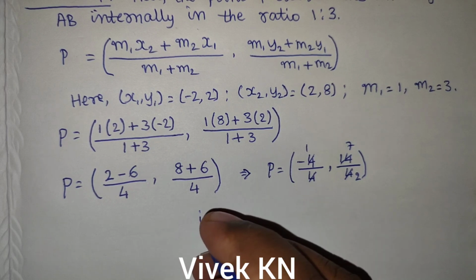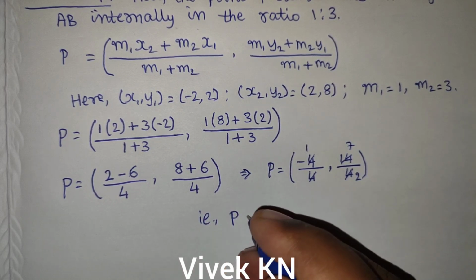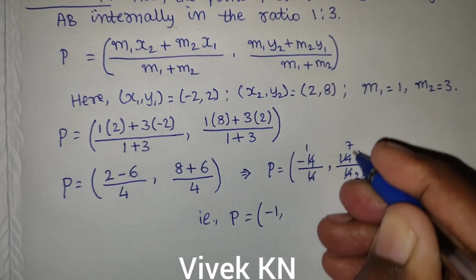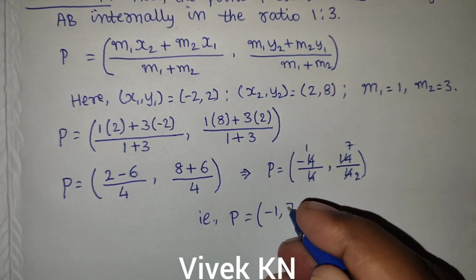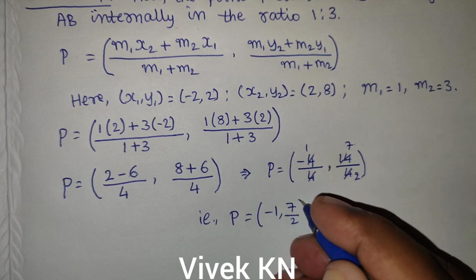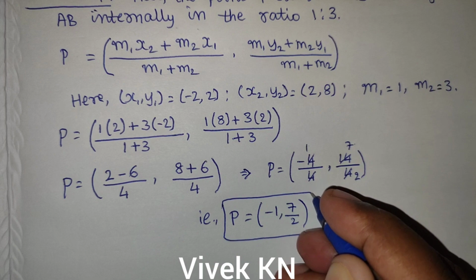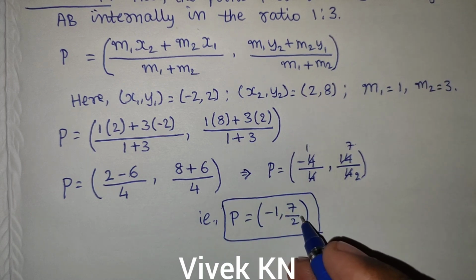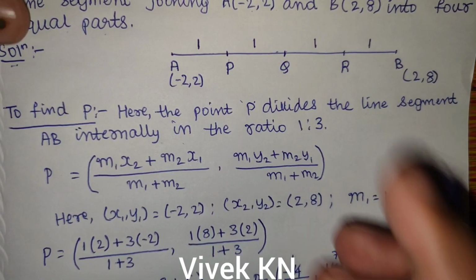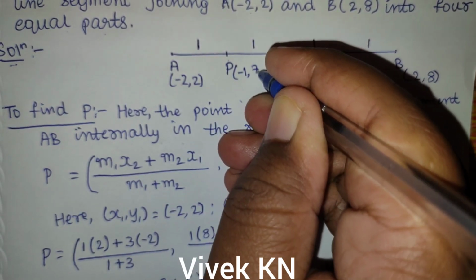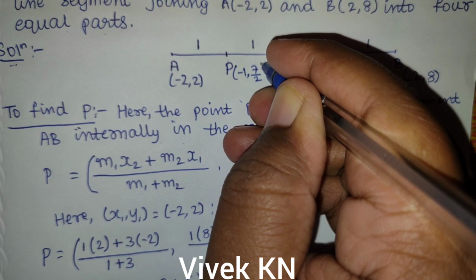That is, the coordinate of point P is minus 1 comma 7 by 2. This is the coordinate of point P, minus 1 comma 7 by 2.